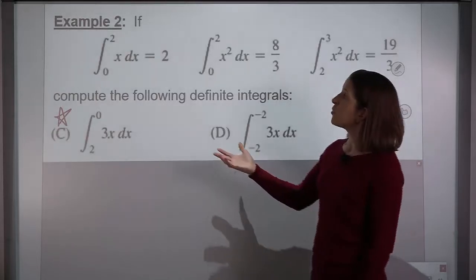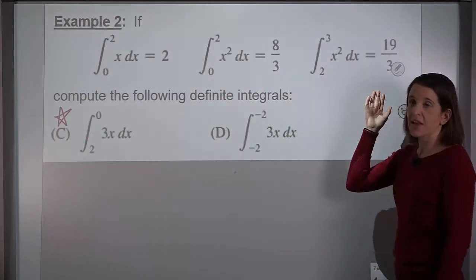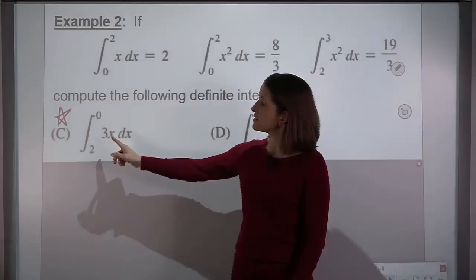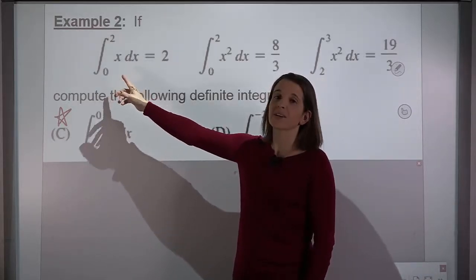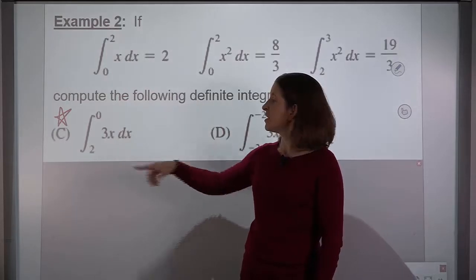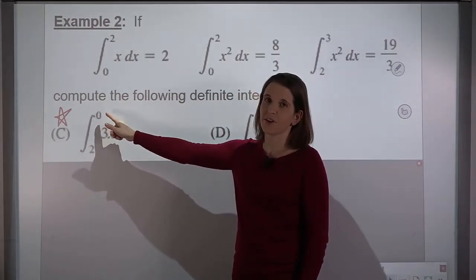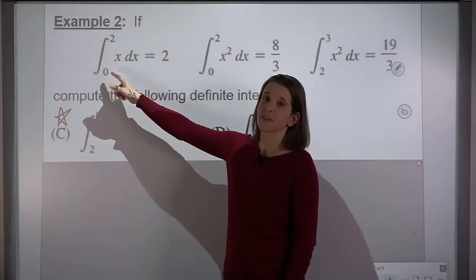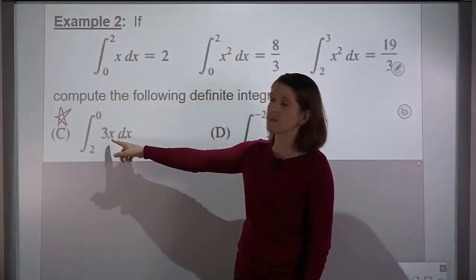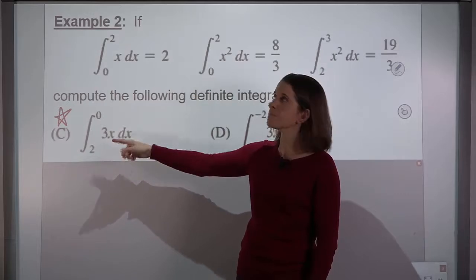So a couple more here, same definitions that we had before. And so this one I need to be really careful of because I don't actually have any information about 2 to 0. So I know they're the same numbers, but the order matters. These are both given as 0 to 2, and specifically I see I'm dealing with a regular x.